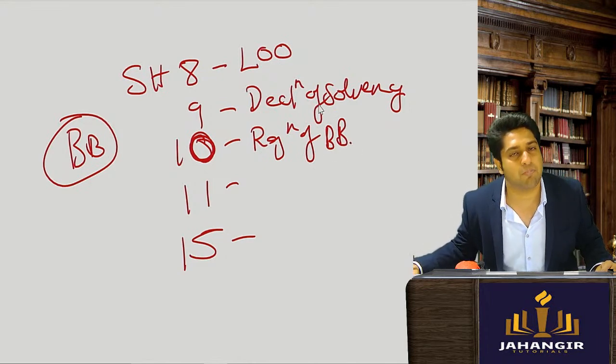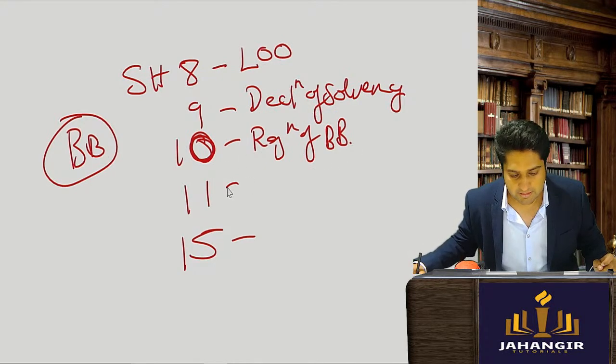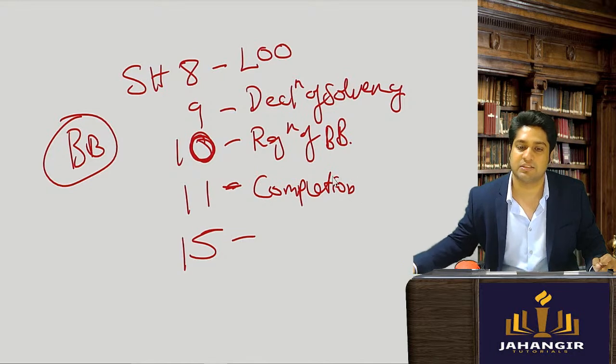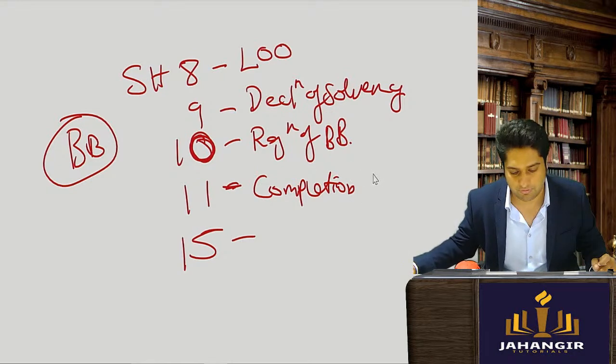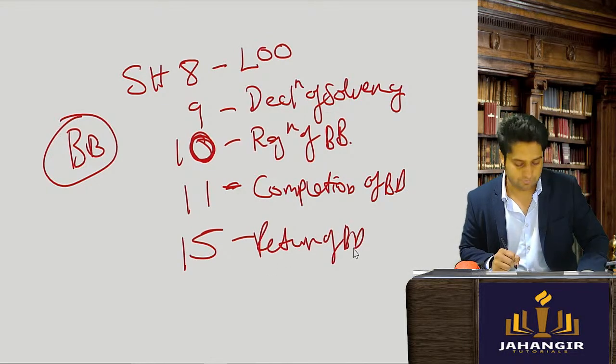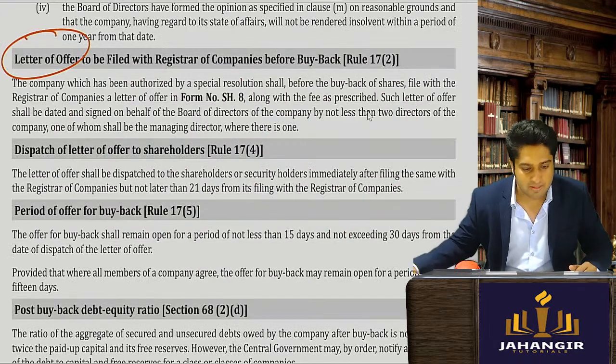You have to maintain a proper register of buyback. Then comes completion of buyback. Once the buyback is completed, SH 11 has to be filed, completion of buyback, and a return of buyback will be in SH 15.